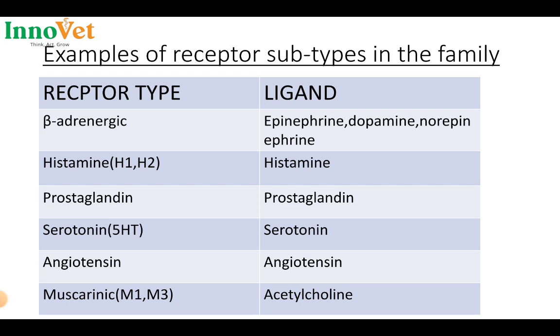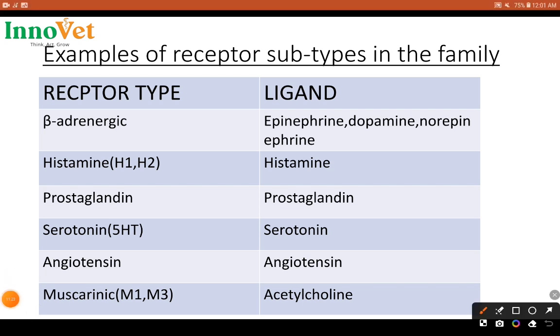For the beta adrenergic receptors, we have epinephrine, dopamine, and norepinephrine as our ligands. Then for the histamine receptor, we have histamine H1 and H2, and our ligand will be histamine.